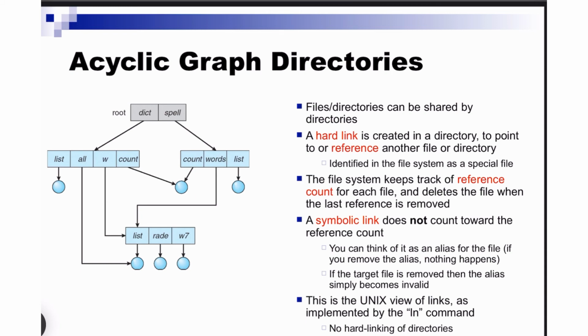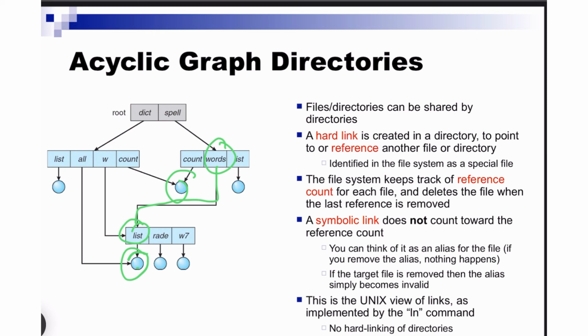So you see that, ayan. So mayroong shared. And then we have the list. And then this is our file, and then this count file. So the hard link is created in the directory to point to or refer to another file or directory.